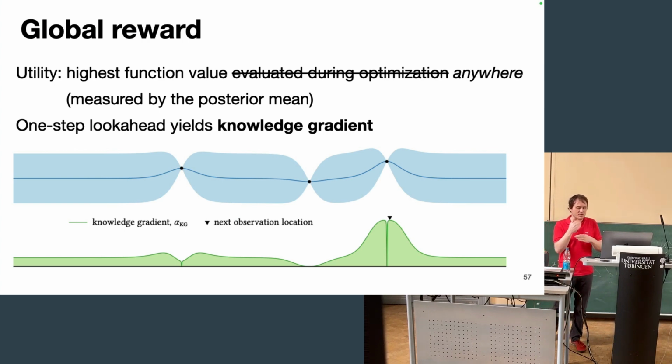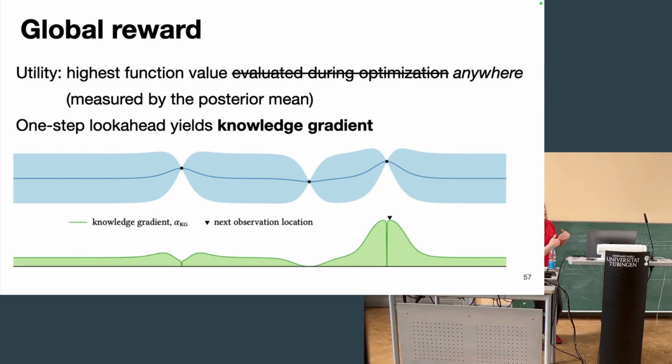But if we allowed ourselves to relax that to say, OK, I'm going to think about the ability to recommend any points in the domain, in a risk-neutral manner, rather than just the points I measured, that's going to lead you to this global reward, which is going to be the highest function value anywhere in the design space, again, as quantified by the posterior mean.